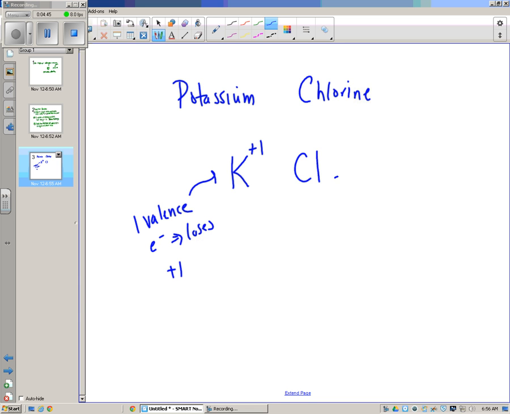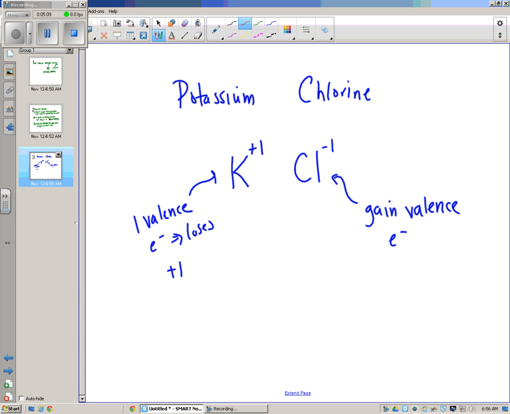Chlorine, meanwhile, wants to gain a valence electron. Because it wants to gain a valence electron, when it forms an ion, it's going to have a -1 charge. Now, remember I told you there are two different ways that you can balance the charges. The first way is you can just look. You can say there's plus 1 and minus 1.